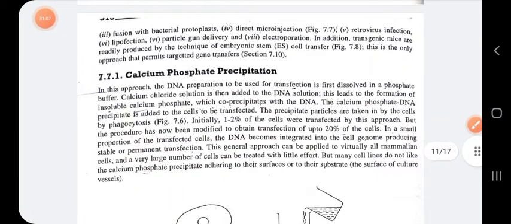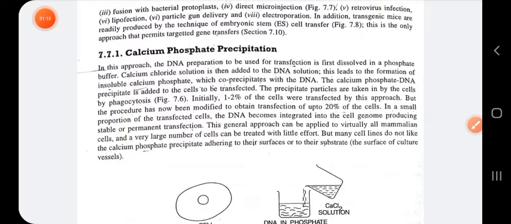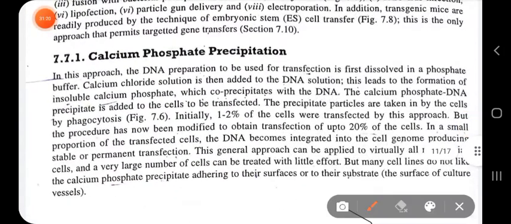Well, this is also an important technique, calcium phosphate precipitation. So let us see about this calcium phosphate precipitation technique. Now in this approach, the DNA preparation to be used for transfection is first dissolved in a phosphate buffer.